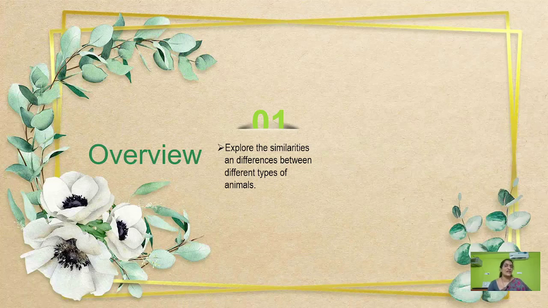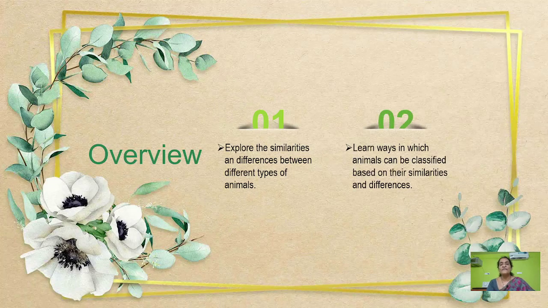Dog has a tail, cat has a tail. And what are the differences? Each and every animal is one way same as the other animal, and in another way, they are different from other animals. So we are going to learn what are the similarities and differences between different types of animals.